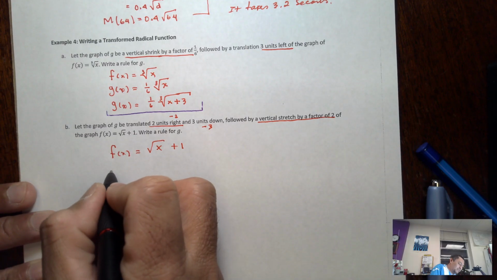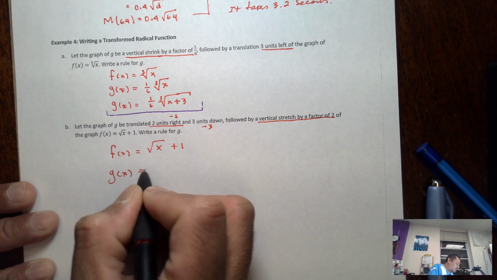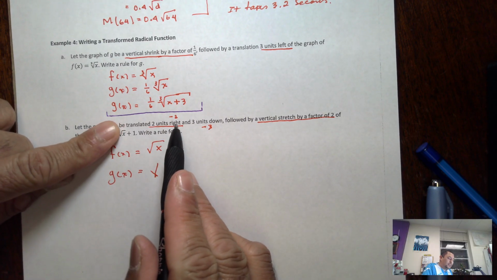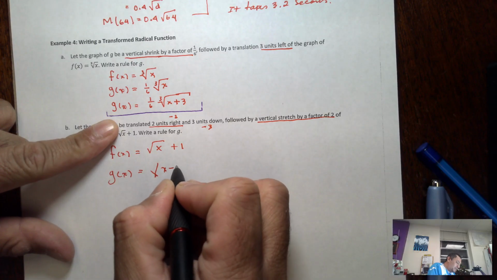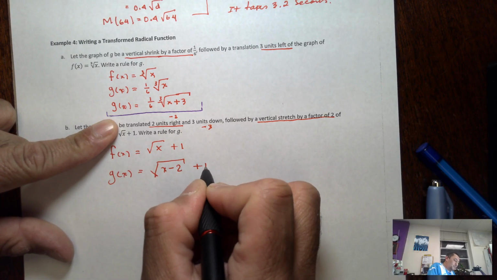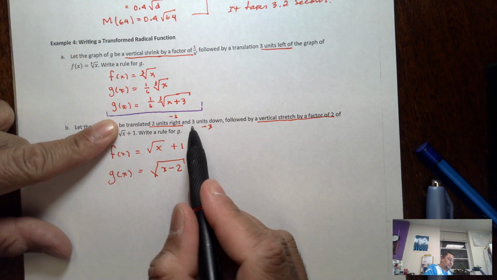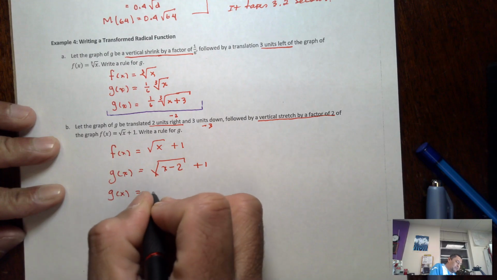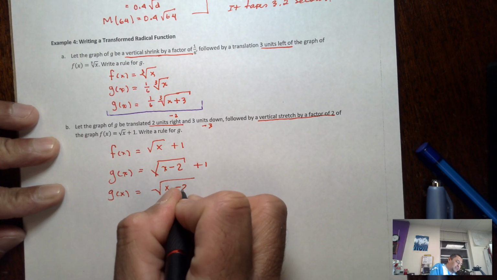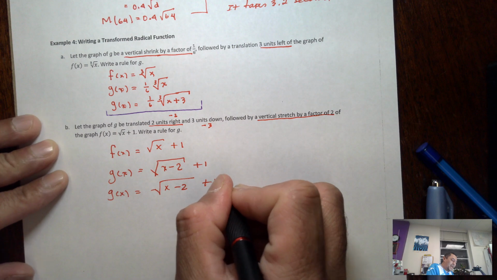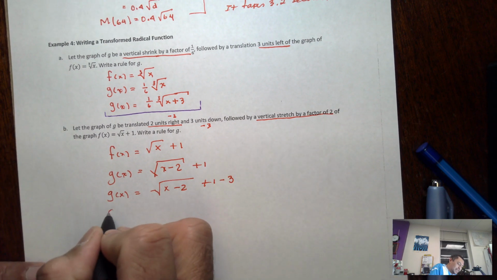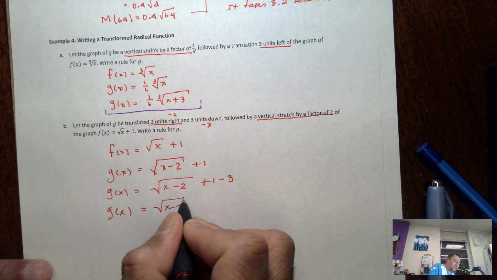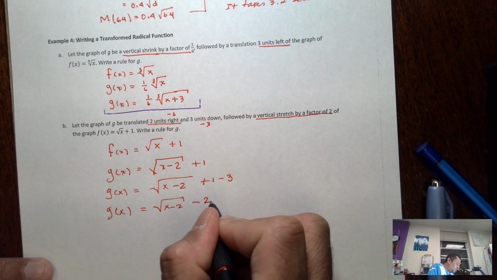Then g of x is the square root of, with 2 units to the right, x minus 2 plus 1. Now it goes 3 units down, so g of x equals square root of x minus 2 plus 1 minus 3, so g of x equals square root of x minus 2 minus 2.